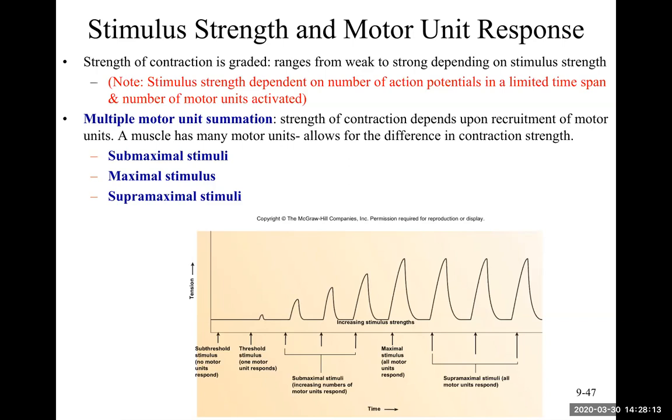It goes to positive 20 and comes back down. But instead of a stronger action potential, I will have more action potentials. The more weight I'm lifting, the more action potentials I'm going to have to cope, so then I have more strength. That's a big difference here.